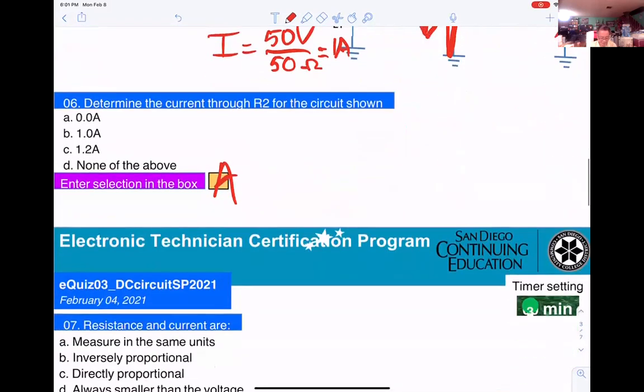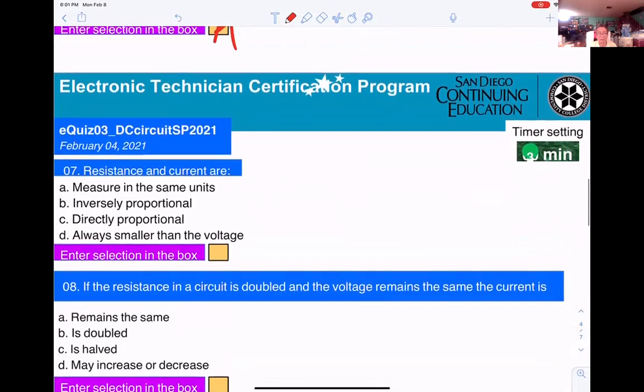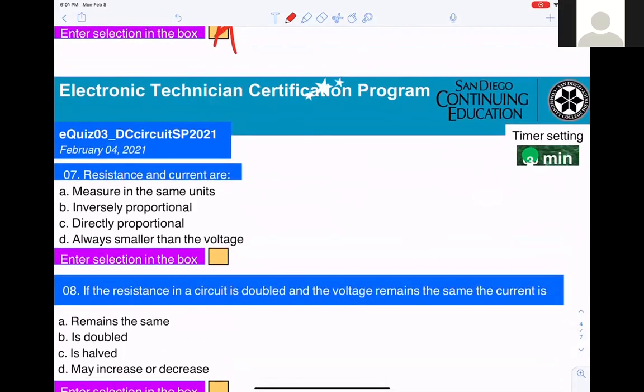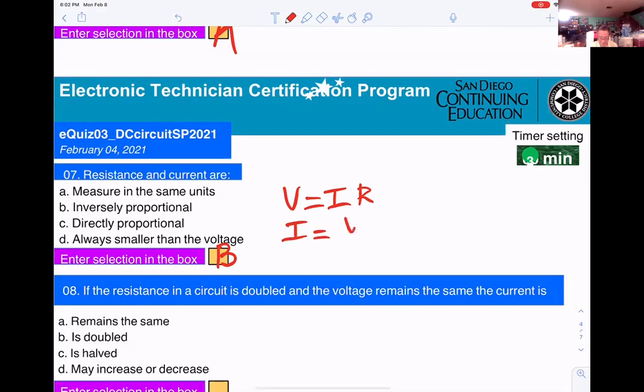Okay, number 7, right? B. Okay, you can see V equals I times R, and I equals V divided by R. So if R goes up, then I must go down.